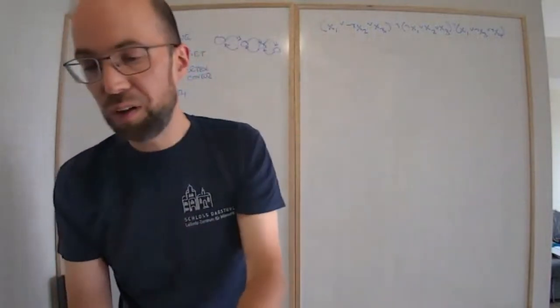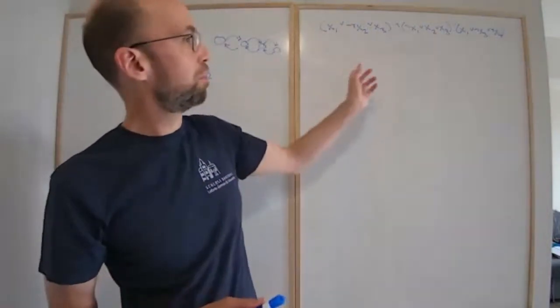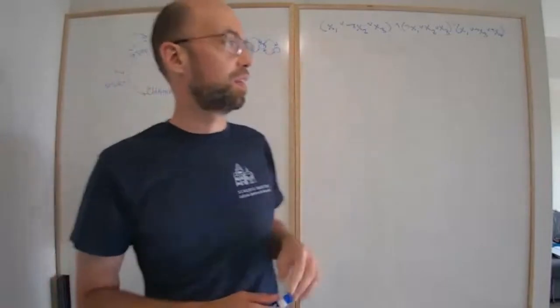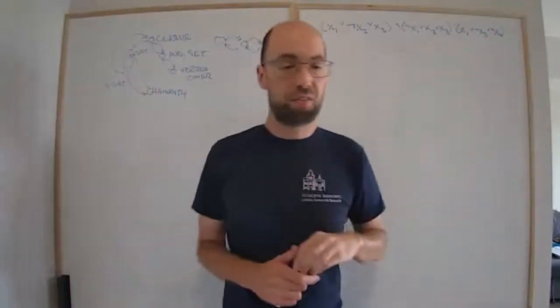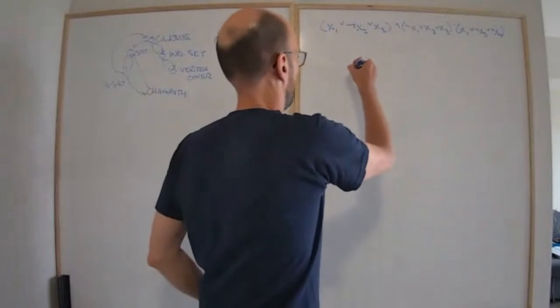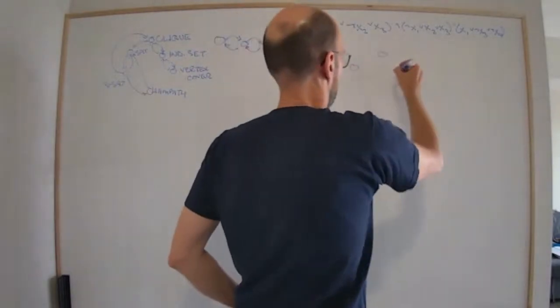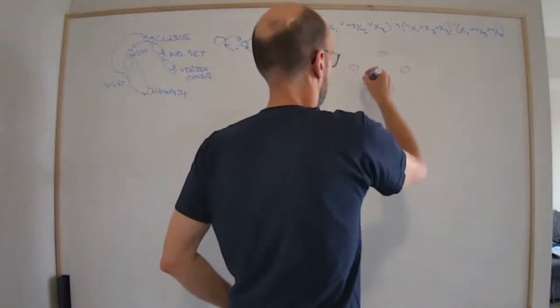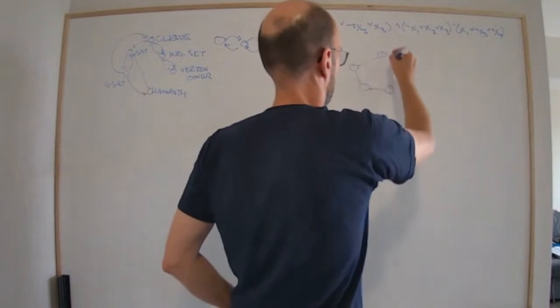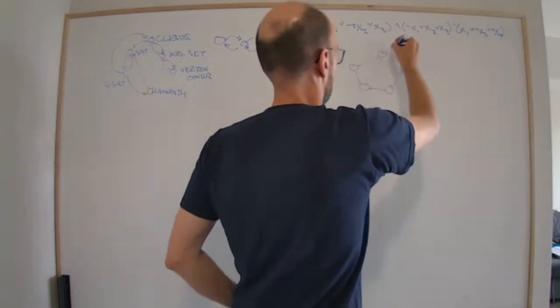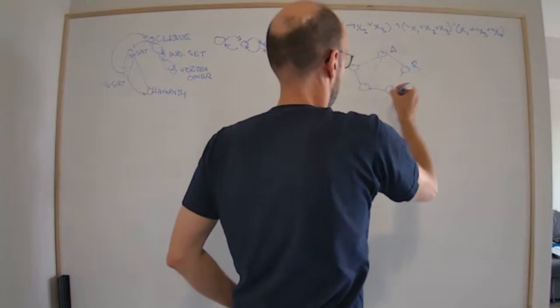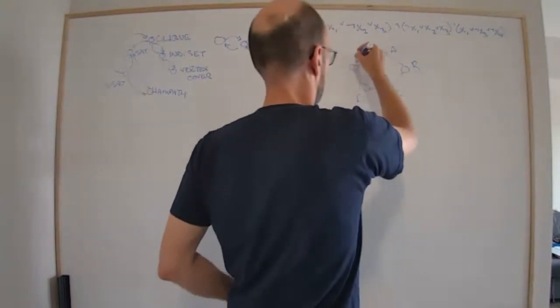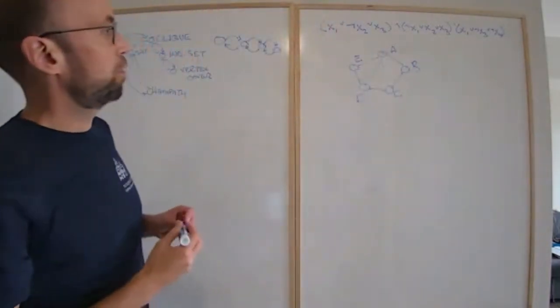So I'm going to do 3-colorability. Oh, I shouldn't have erased that graph, but whatever. Imagine you have a graph with vertices A, B, C, D, E. Is this graph three-colorable?